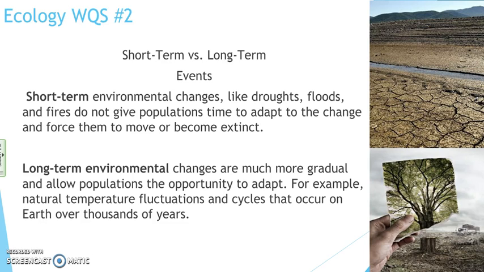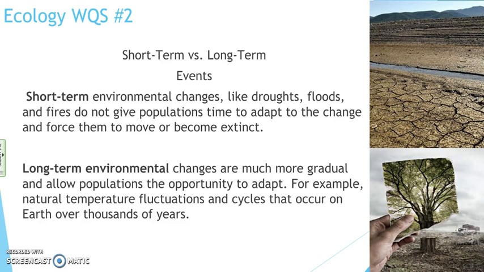Which is kind of like the opposite of the long-term event. Long-term environmental changes are more gradual and allow populations the opportunity to adapt. For example, natural temperature fluctuations in cycles that occur on Earth over thousands of years.